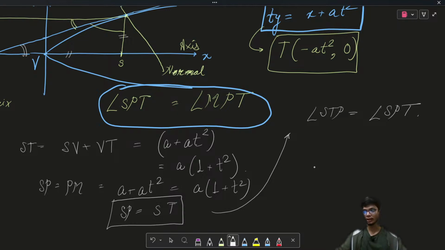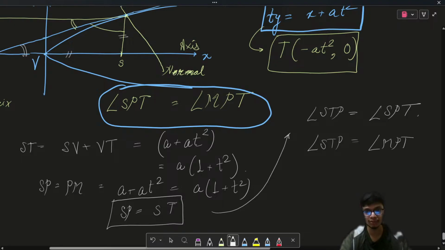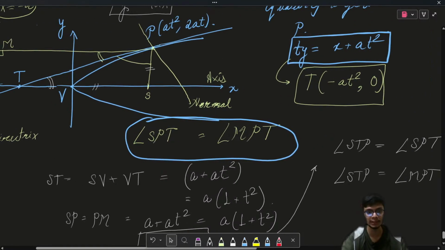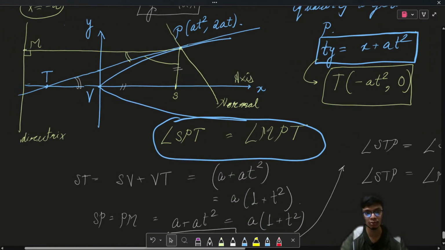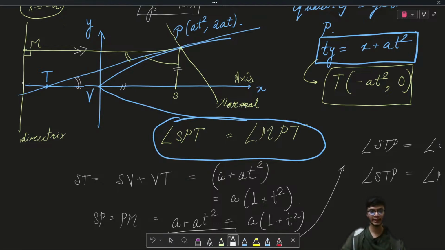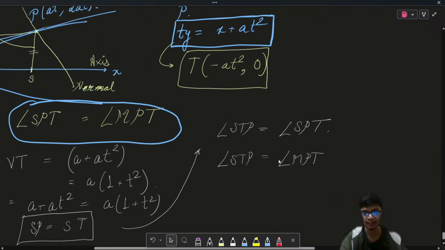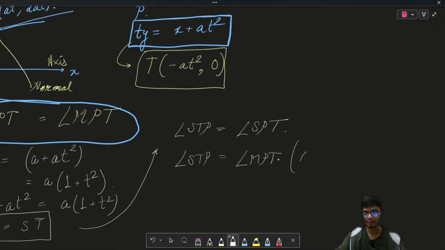And I can also say angle STP is equal to angle MPT. Why? Because, if you look carefully, these lines, the axis and the perpendicular from the directrix, are parallel lines, so these are alternate angles. So I can write over here that angle STP is equal to angle MPT, because they are alternate angles, right?